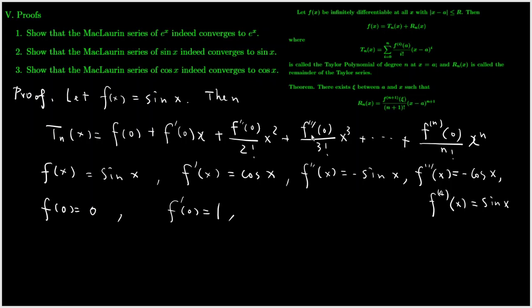So we have the double derivative of the function at 0 is equal to 0, and then the triple derivative of the function at 0 is equal to negative 1.